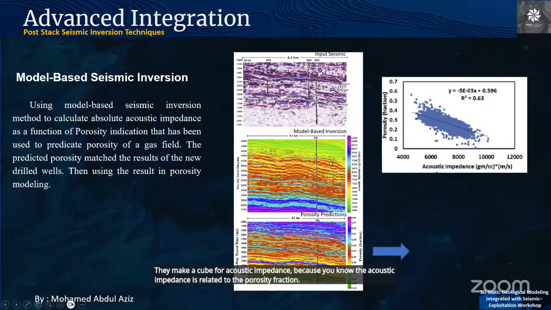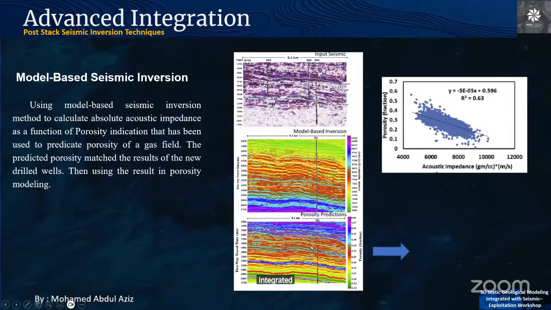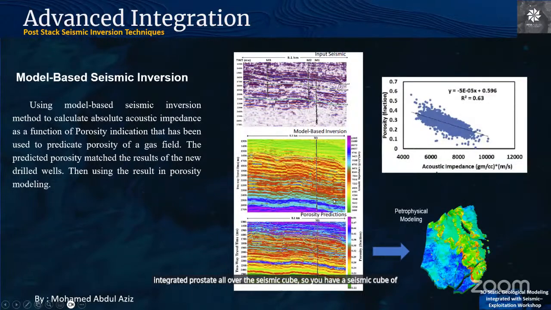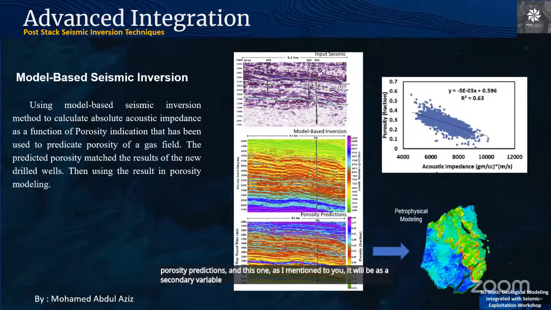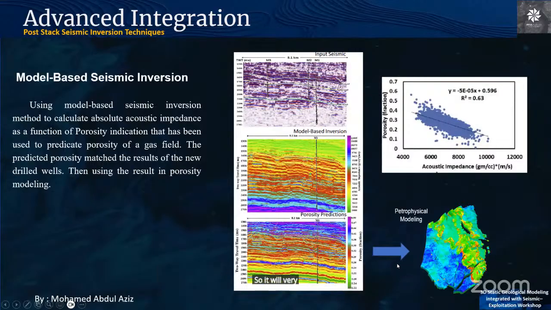After that, they converted it to porosity prediction to come up with the integrated porosity all over the seismic cube. So you have a seismic cube of porosity predictions, and this one, as I mentioned to you, will be a secondary variable property before doing the petrophysical modeling. So it will be very helpful for your static model.